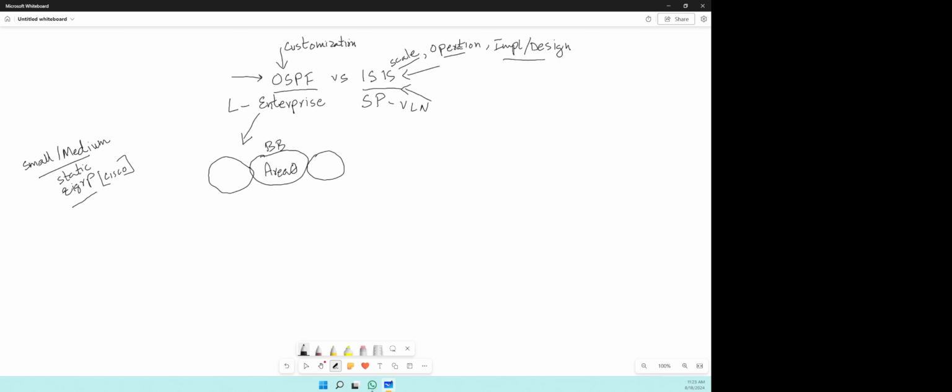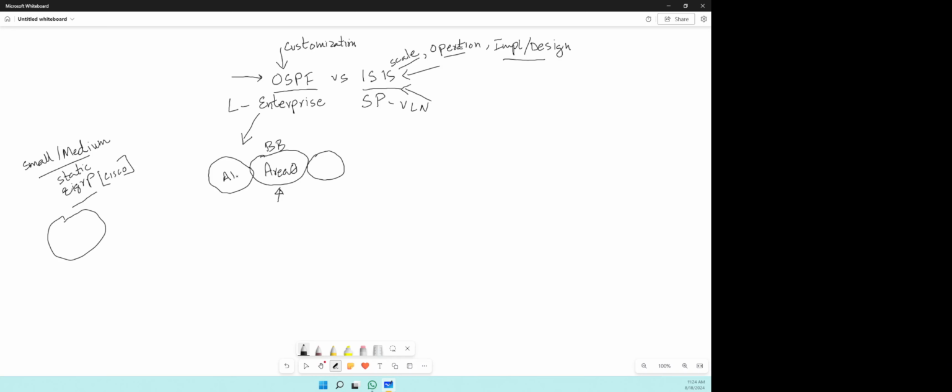In small to medium networks, even if you use OSPF, you'll just use one area, and that area could be numbered anything, like area 1, 2, 3, whatever. But if you want to go multi-area in OSPF, you must use area 0. That's a hard requirement.